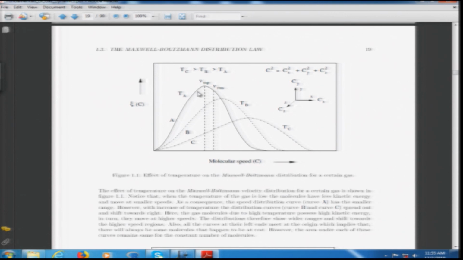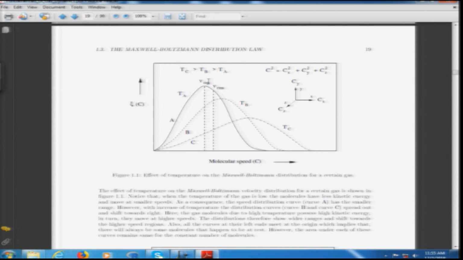Since from the plot this is the maximum, using the maxima-minima principle of this Maxwell-Boltzmann distribution, we can obtain this most probable velocity.